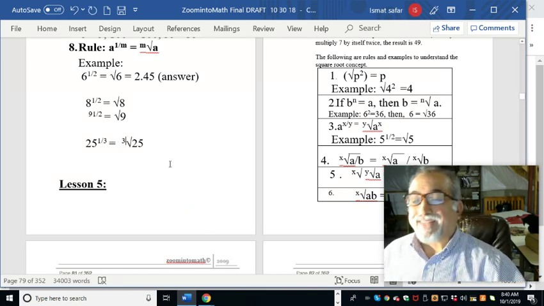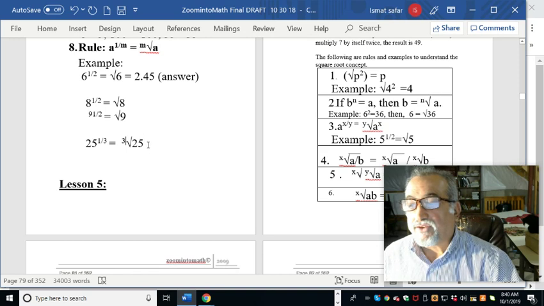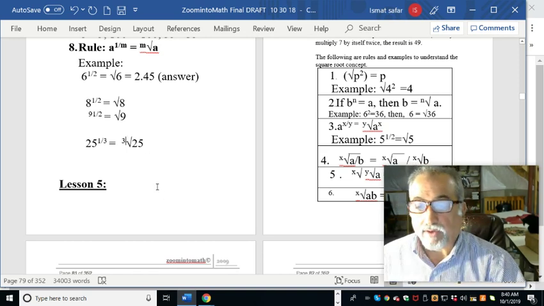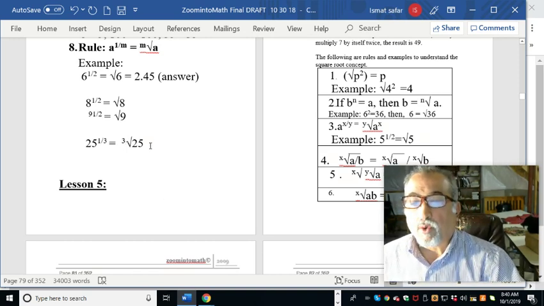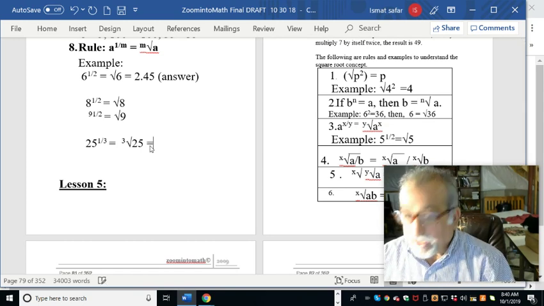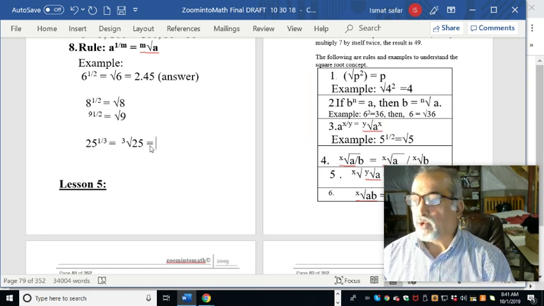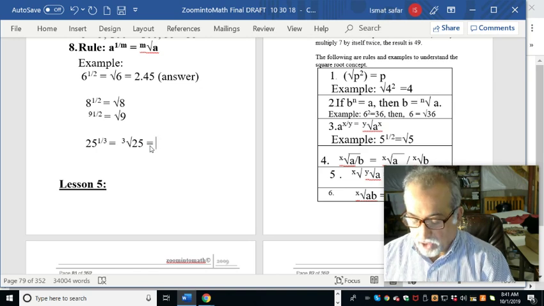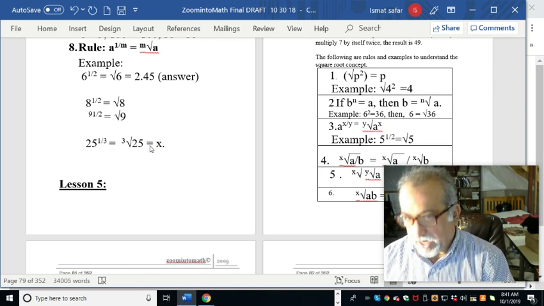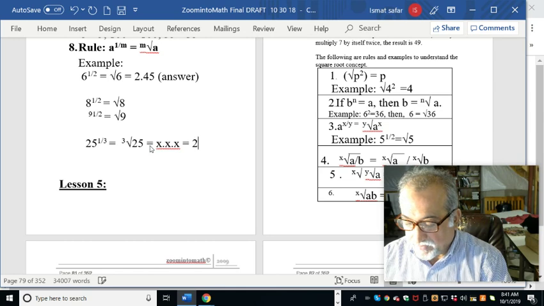So this is the third root of 25, which means what? If we multiply one number by itself three times, it will equal 25. So if we name the number x, x times x times x equals 25.